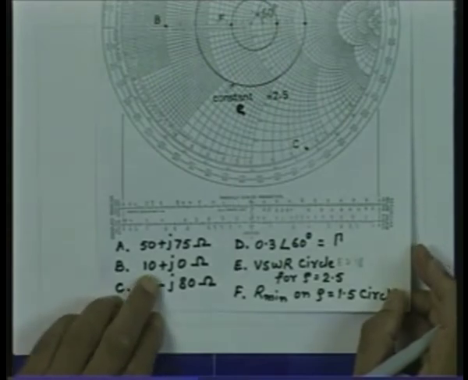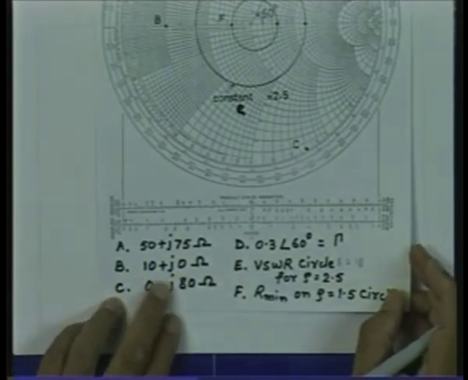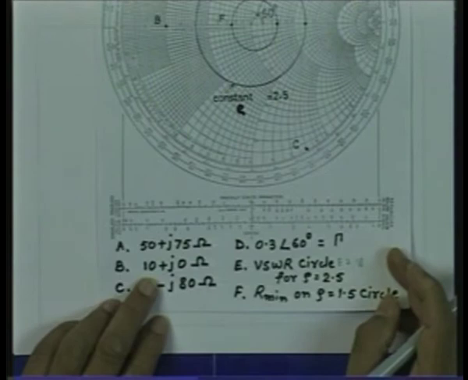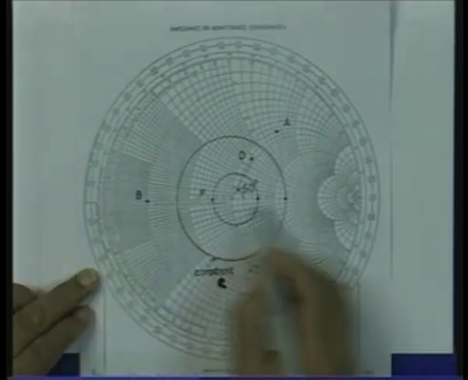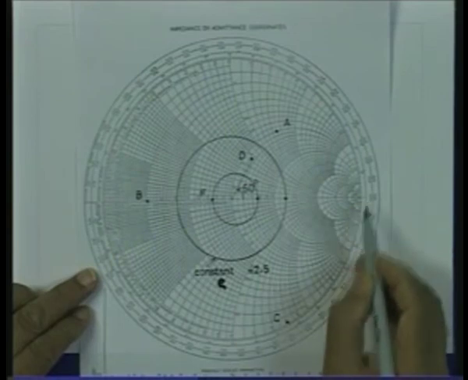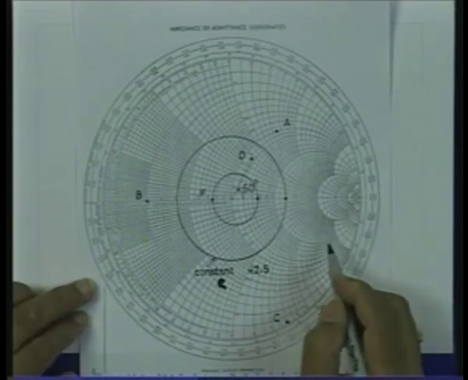If I take impedance 10 plus j 0, again we normalize this impedance with 50 ohms. So, this will be 0.2 plus j 0. Immediately we notice that this is a resistive impedance, and the resistive impedance must lie on the horizontal axis in the complex gamma plane.